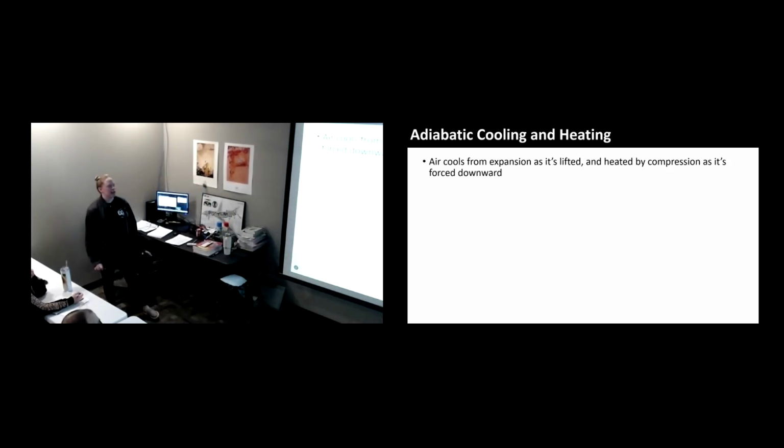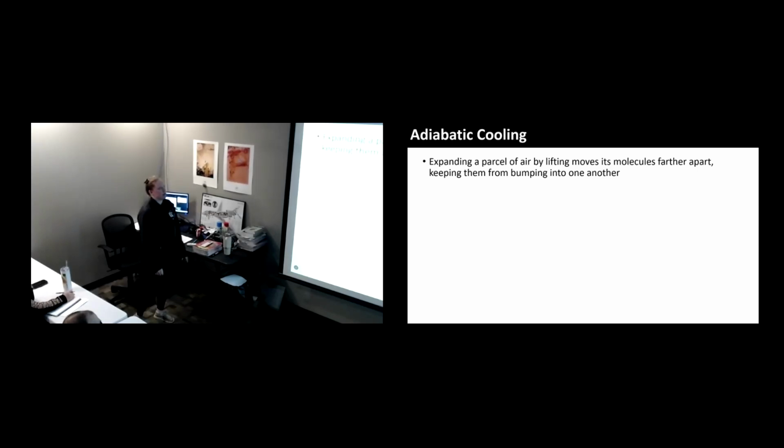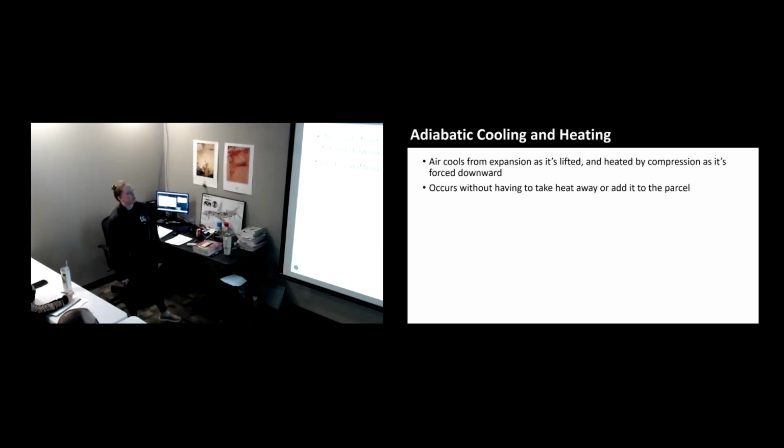Air cools from expansion as it's lifted and heats by compression as it's forced downward. Remember, we talked about that very briefly, the same kind of concept as the dew point, where you can cool the air and make it more saturated. It occurs without having to take heat away or add it to the parcel.